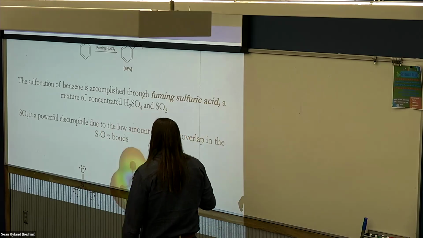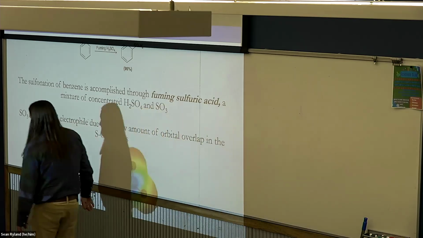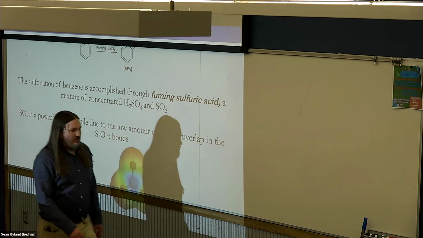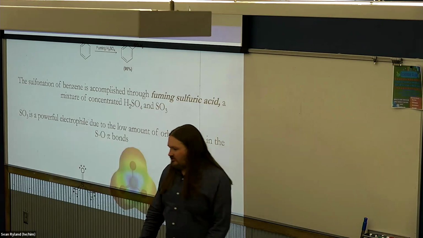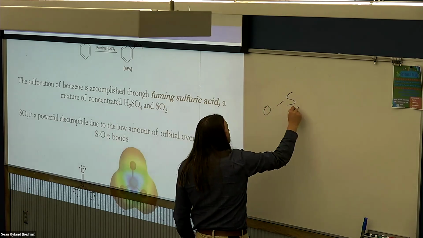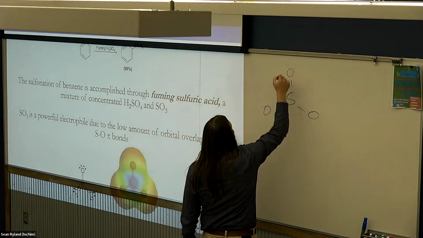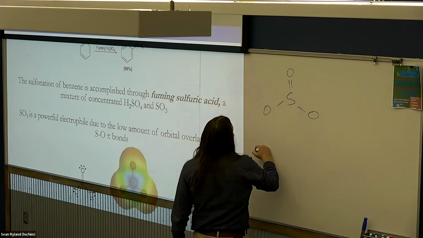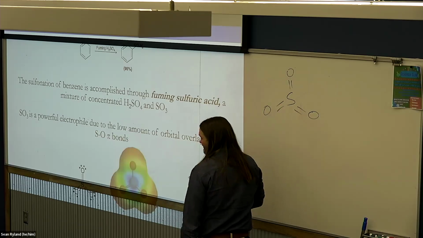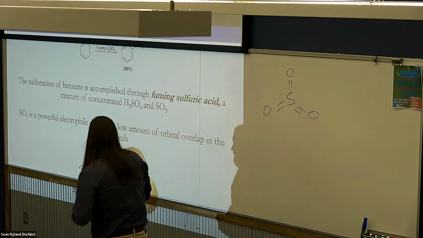So sulfur trioxide has a little bit different of a Lewis dot structure. It's actually one of our favorites to ask about on a Gen Chem test because you can draw the Lewis dot structure like this as well, but it's not as accurate as doing it like this, because that gets our formal charges all to 0.